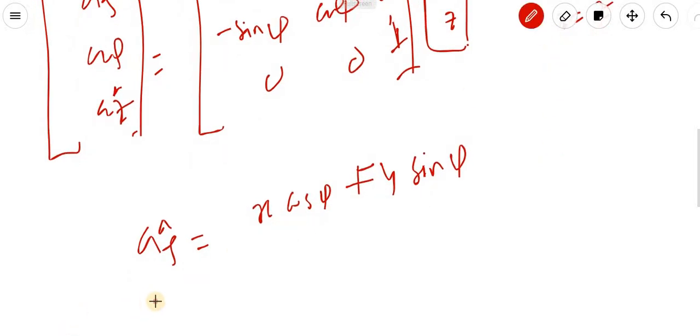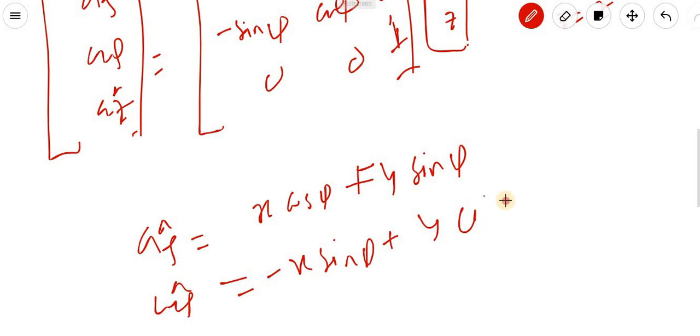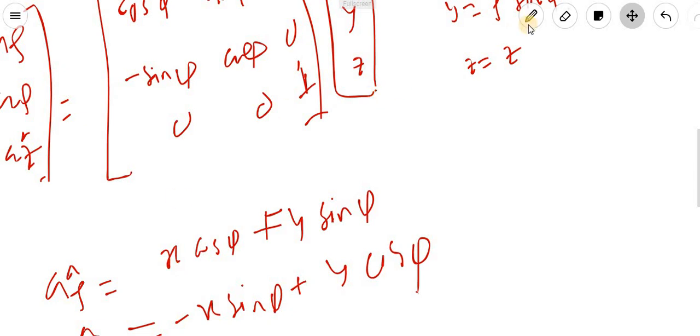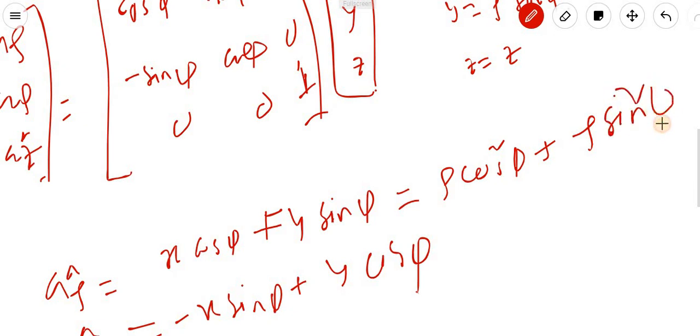And the a phi component is minus x sin phi plus y cos phi. Now if we replace x and y in terms of rho and phi, x is rho cos phi, so we get rho cos square phi plus y rho sin phi, that is rho sin square phi. Clear?